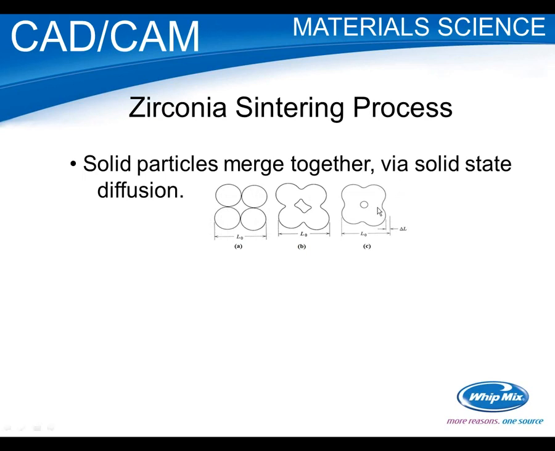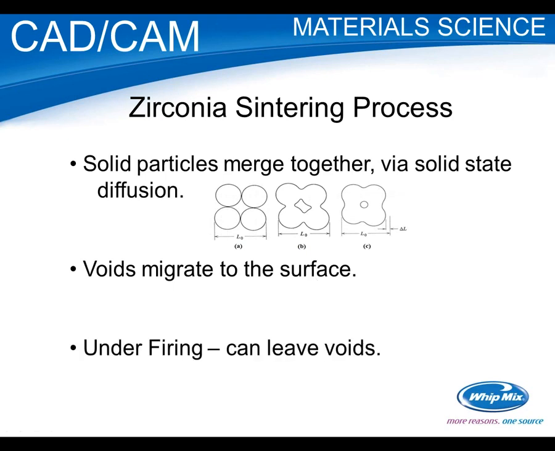Then as we fully sinter, all of the material wants to minimize the surface area, that's the energy driving this, and all the voids work to the surface. So via solid state diffusion, the stabilized tetragonal zirconia particles merge together, the voids work out, and we end up with a solid.